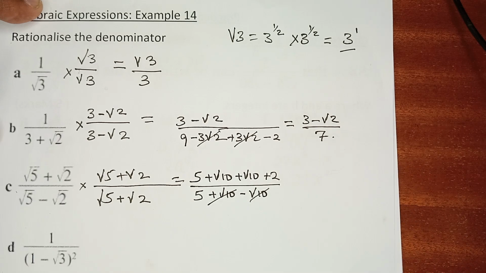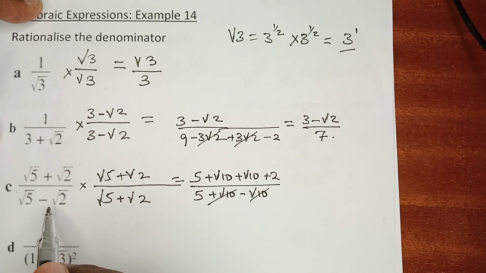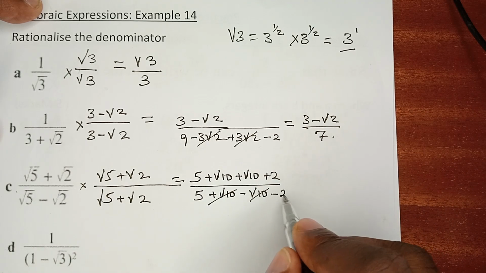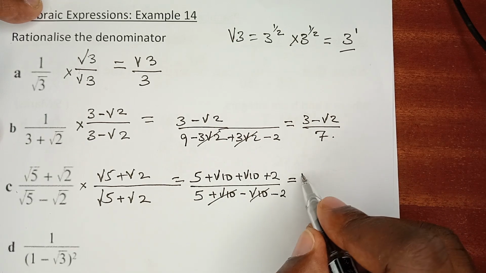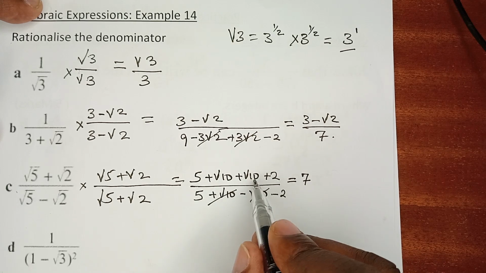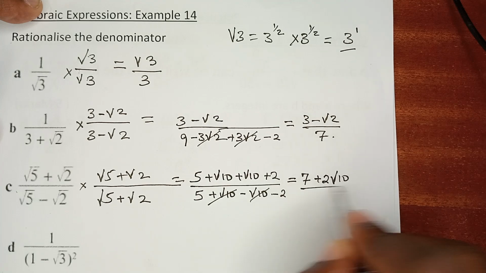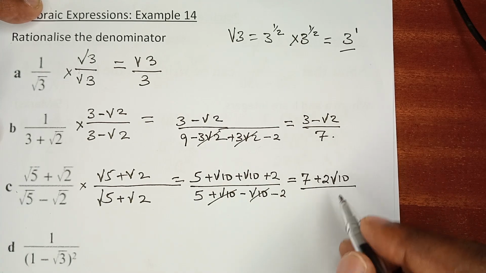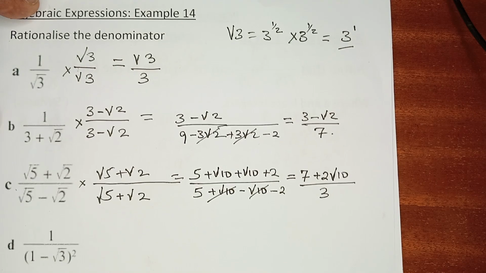So minus root 2 times root 2 is negative 2. So finally we have 5 plus 2, which is 7, root 10 plus root 10, which is plus 2 root 10, all over 5 minus 2, which is 3. And that is a rationalized denominator.